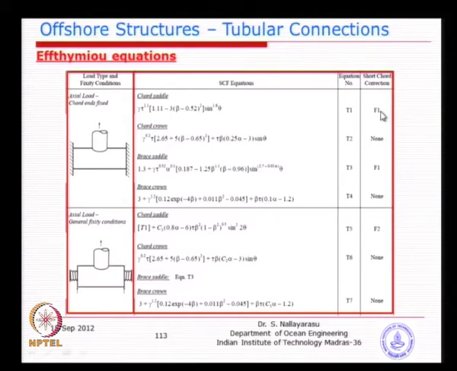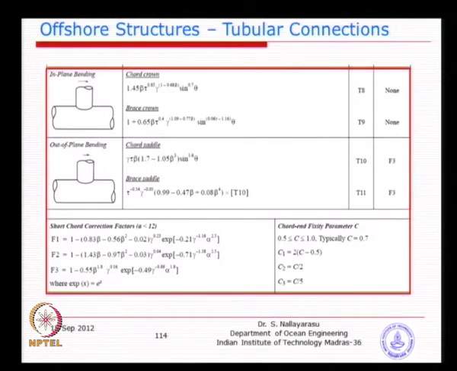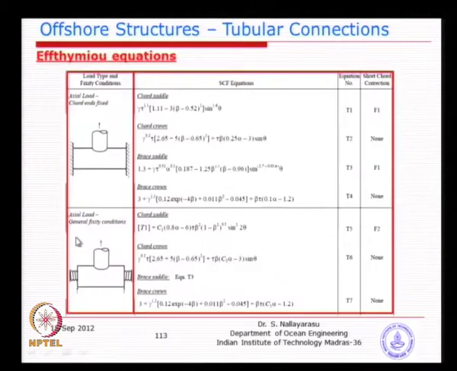The equation for F1 is given at the end on the second page. You can see it will be a minimum of 1 and can increase, or basically can decrease, depending on the geometric values. So, you can calculate the correction factor and use that after computing here, you multiply it.